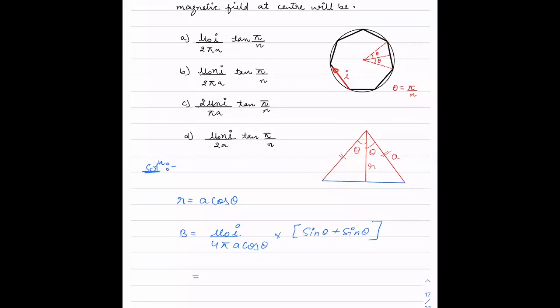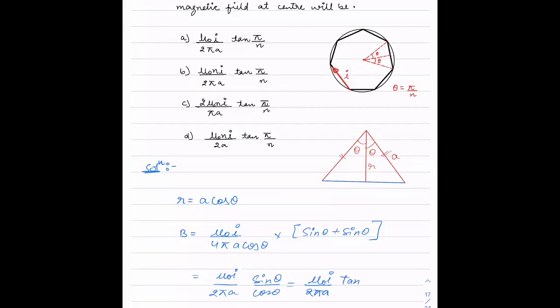So this becomes mu naught I by 4 pi a cos of theta into 2 sine of theta. The 4 and 2 cancel, so this becomes mu naught I by 2 pi a, sine of theta divided by cos of theta, which is mu naught I by 2 pi a tan of theta.